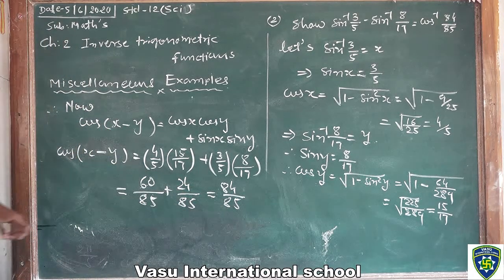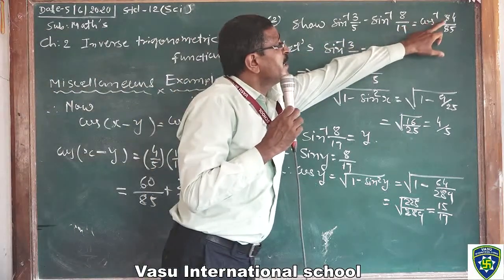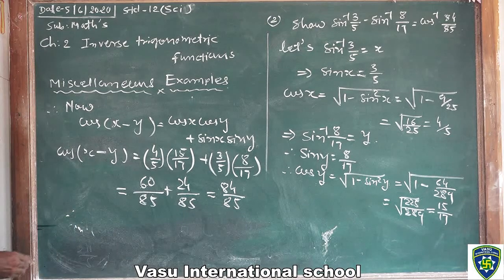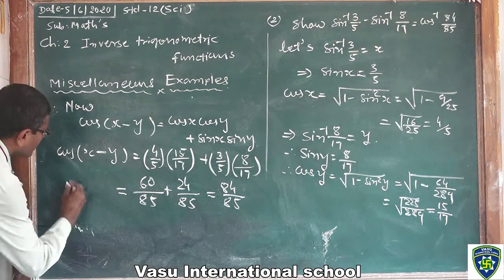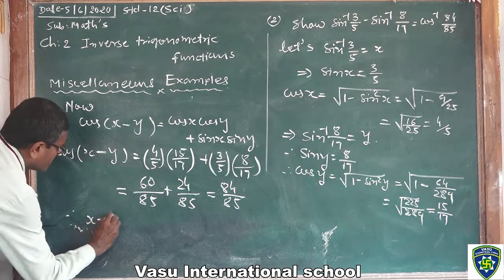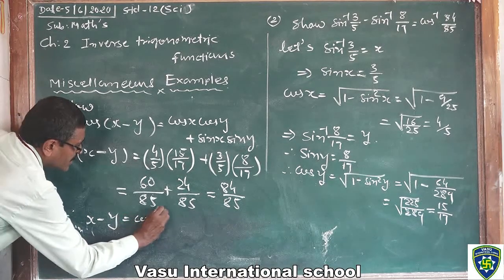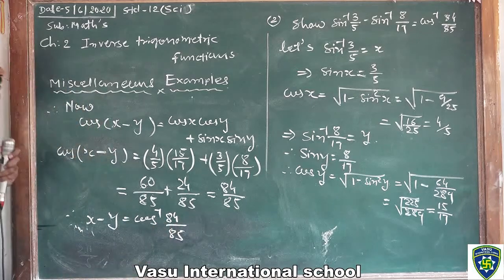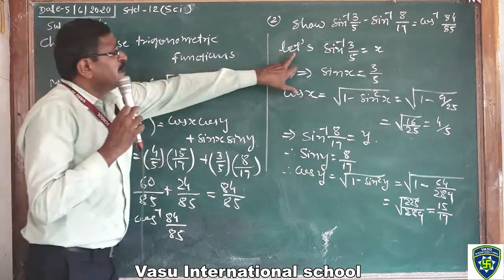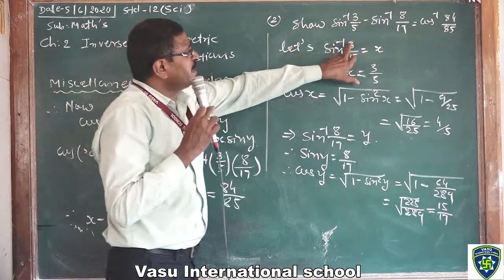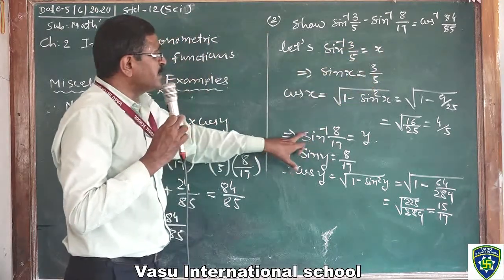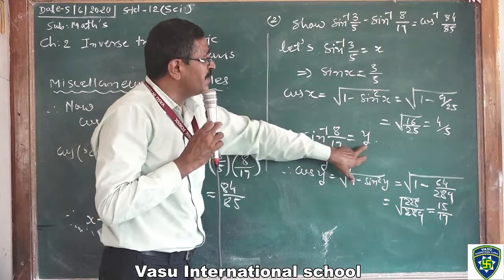We get x minus y is equal to cos inverse 84 by 85. You know the relation: sin inverse 3 by 5 is equal to x and sin inverse 8 by 17 is equal to y.